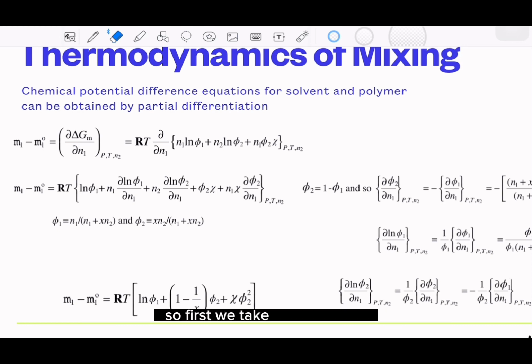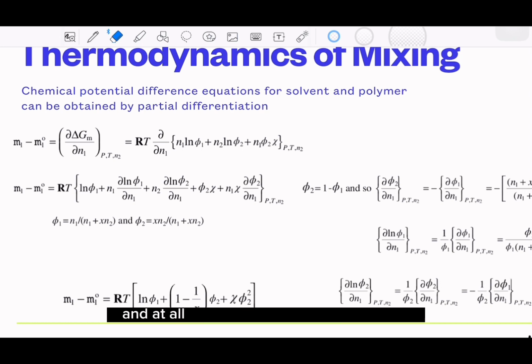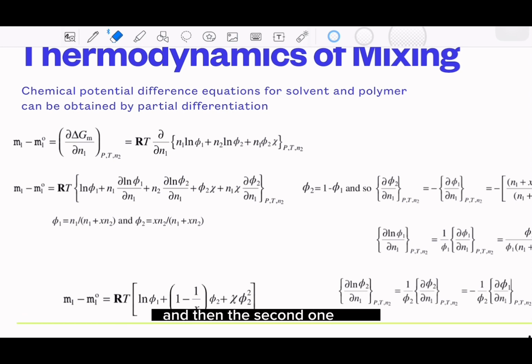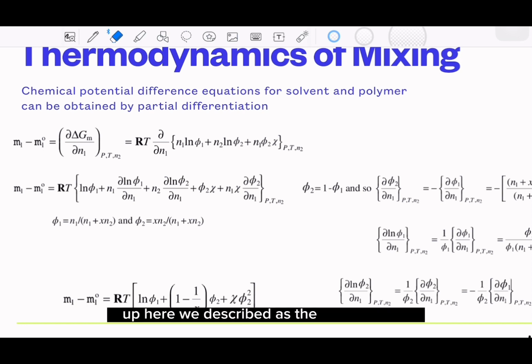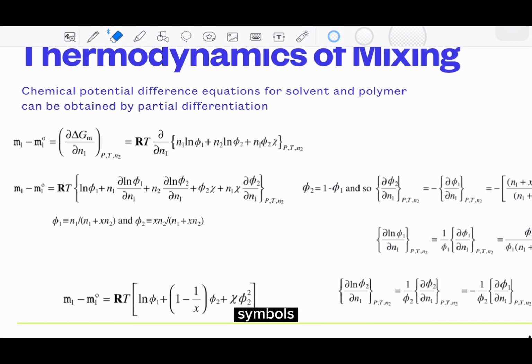First we take the derivative. So this would become phi 1, and then we get the partial inside here, and the second one up here we describe as phi 2 chi, and then this one is another symbol. Okay. And this is for both volume fractions, and this is the relation.